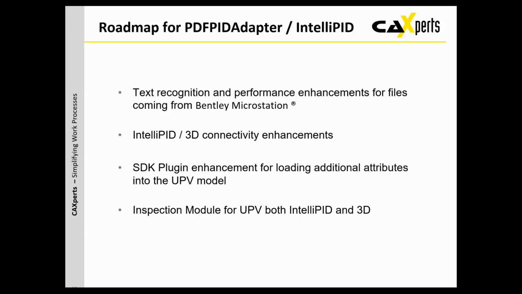And also we plan to create an inspection module which would allow you to place inspection points on the PIDs and also on the 3D side, so that these points are kind of communicating with each other and reading properties one from the other, so that it's not necessary to key in something twice that you already have used on one side. And also we will make it easier to create these inspection documents, the PDFs from the PID that go together maybe with screenshots from 3D and things like that, maybe a little bit similar like what you know from the double-sided ISO.